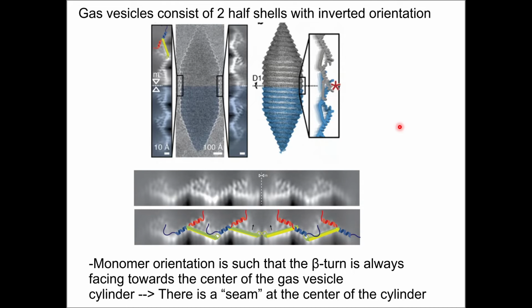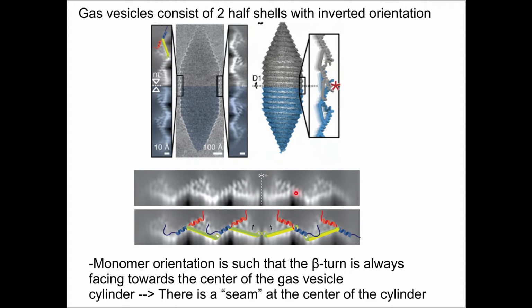Okay, so in doing their classification of their 2D averages, they noticed a small set of particles where it wasn't the same kind of structure. It seemed like two things facing each other, and it turned out that the monomer orientation is such that the beta turn is always facing towards the center of the gas vesicle structure.